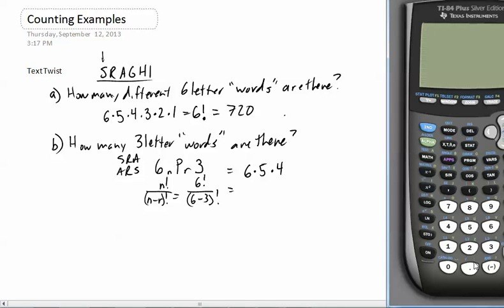So we can do 6 factorial. Factorial's in math, remember. So we'll go over to probability and go down to 4. So 6 factorial divided by, and then 6 minus 3, of course, would be 3 factorial, number 4.